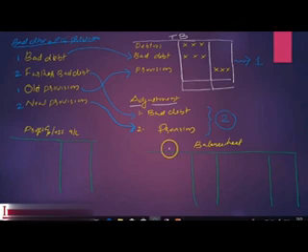So I have some requirements, that is a profit and loss account and a balance sheet.